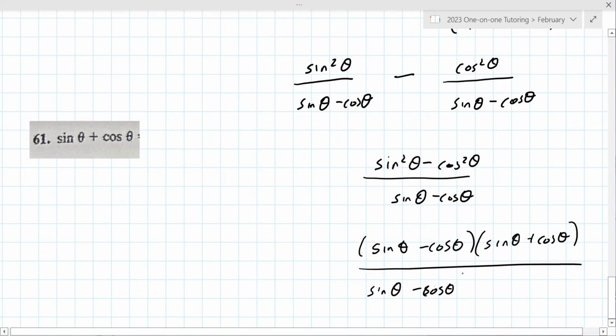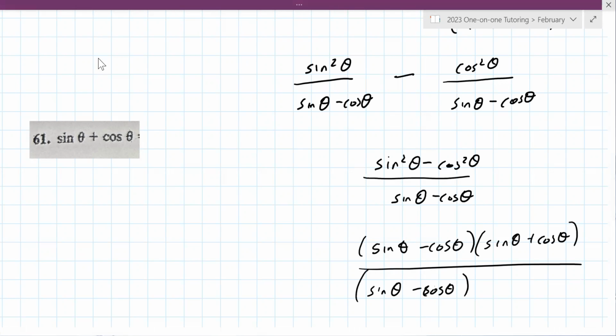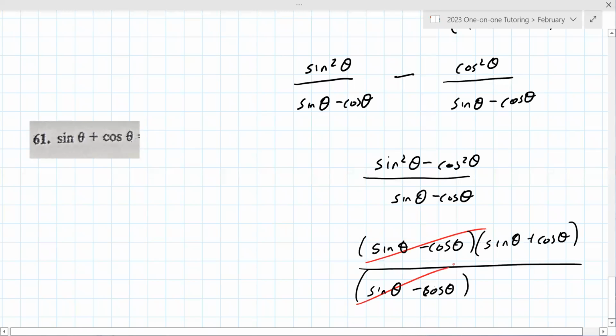Minus cosine theta, and then they cancel, and there you have it. There we go. All right, so let's go to 62.